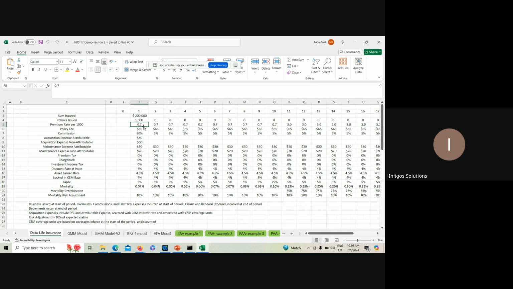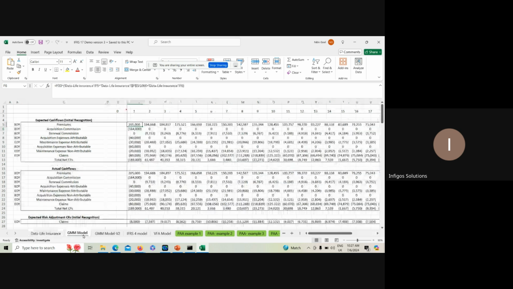This is per 1,000. It will be 140. 0.7 is for per 1,000, so it will be 140 plus 65. It will become 205. Then multiply by 1,000. So I will have 205,000 as a premium here.